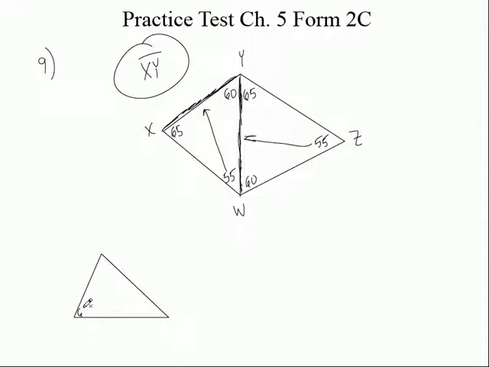Let's say that's 65. Let's make this a little easier. Let's say it's 60. Let's say that's 40. No, that wouldn't work, right? Sorry. That looks a little steeper. Let's say that's 80 degrees right there.